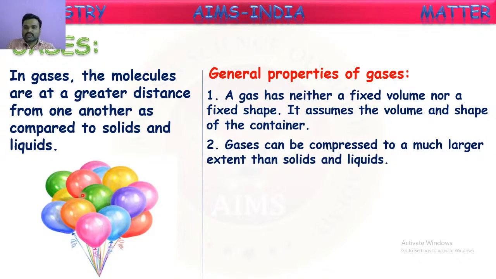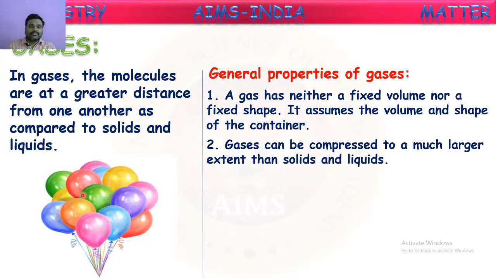Gases can be compressed to a much greater extent than solids and liquids. Solids cannot be compressed, liquids can be compressed to a little extent, and gases can be compressed highly. A very well known example is the gas kept in the cylinder used in our homes for domestic cooking.